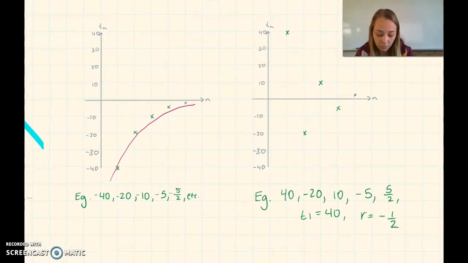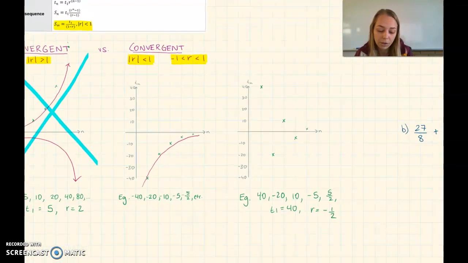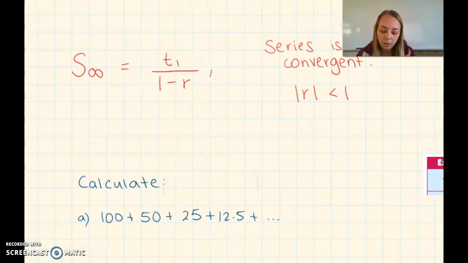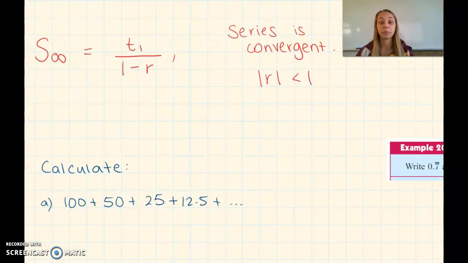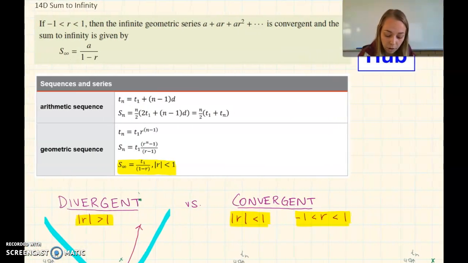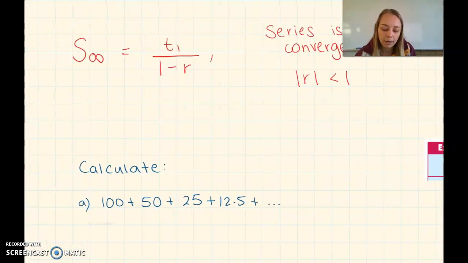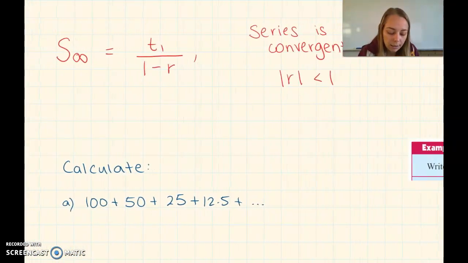Alright, so hopefully you've got a little bit of understanding of what convergent versus divergent means. And now once we have that understanding, we can use this formula here. This one has come straight from your formula sheet in the geometric sequence section, and it says this: S infinity. Remember that sometimes in the past we've seen that as Sn.